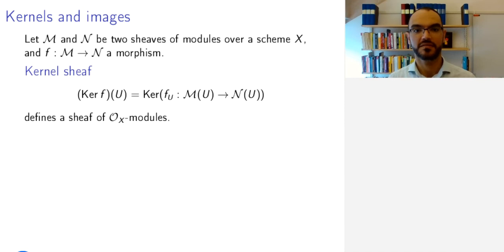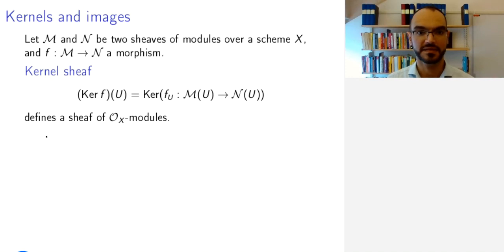So first, the kernel. The kernel is in fact a sheaf. What does this mean? We want to define a gadget that for each open set U gives us the set that is the kernel of the map F_U. So F_U is a homomorphism of modules and its kernel is well defined.